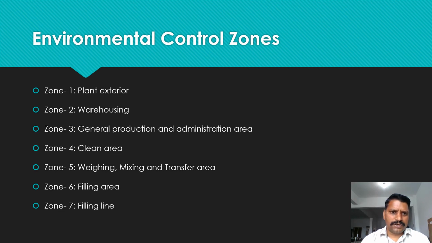See, zone 1 means the plant exterior. The environment within which a plant is located is the first environmental control zone. Before plant selection, suppose you have selected a rural area for your pharmaceutical plant.